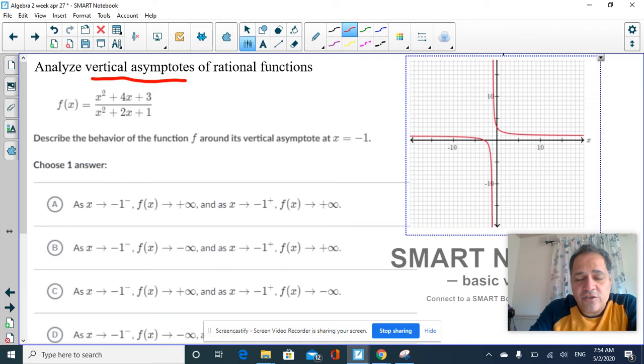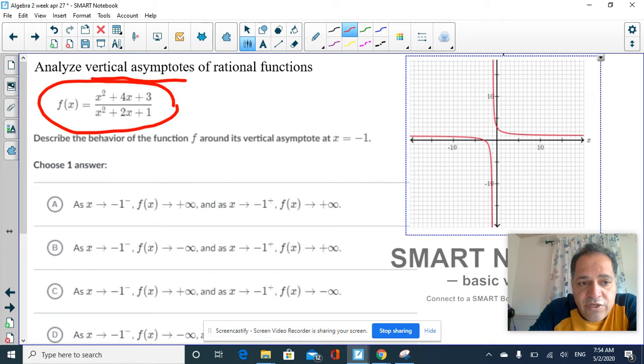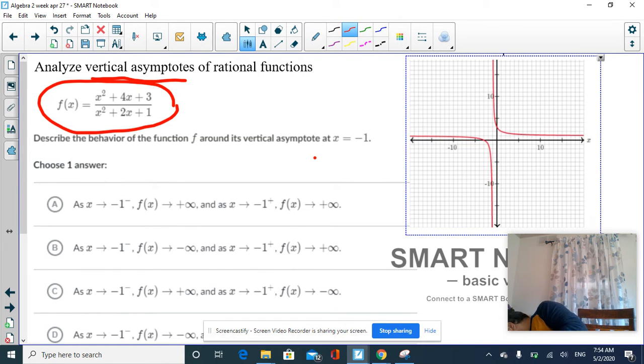For this function, x to the power of 2 plus 4x plus 3, over x squared plus 2x plus 1, if you graph it in your graphing calculator, what we have here, just graph it.